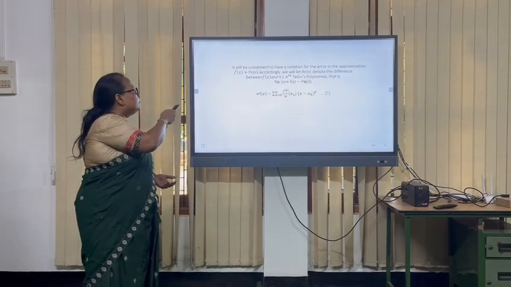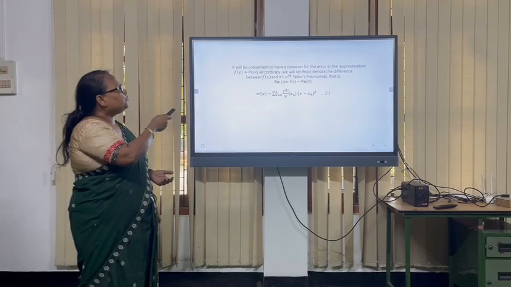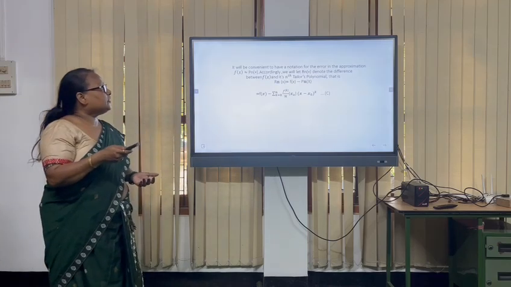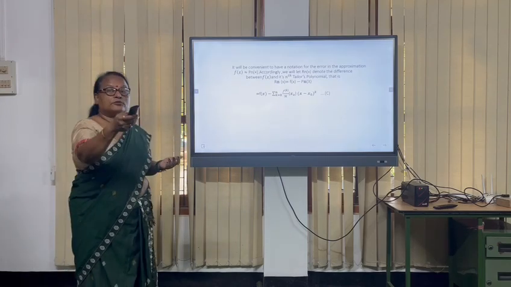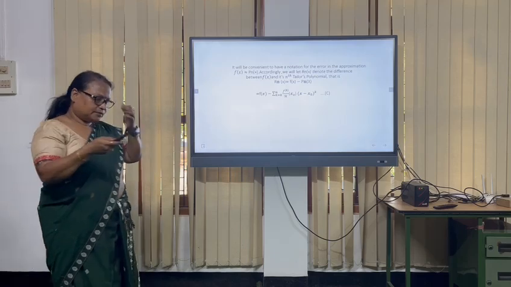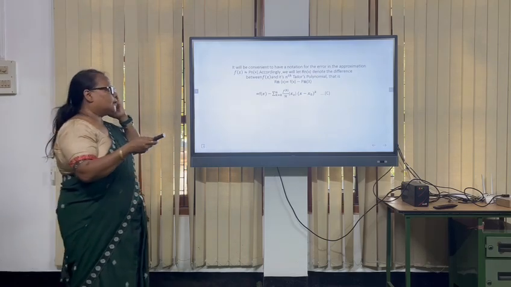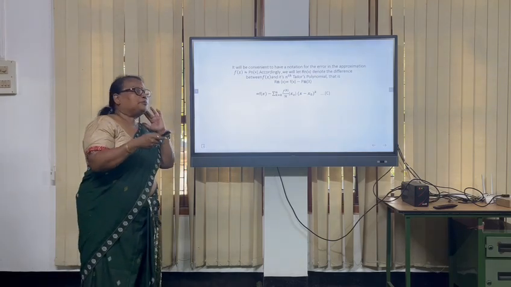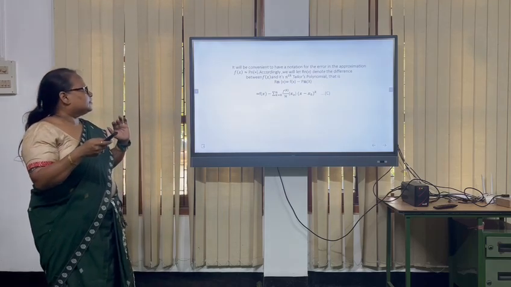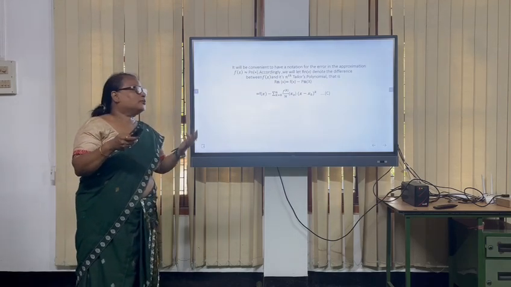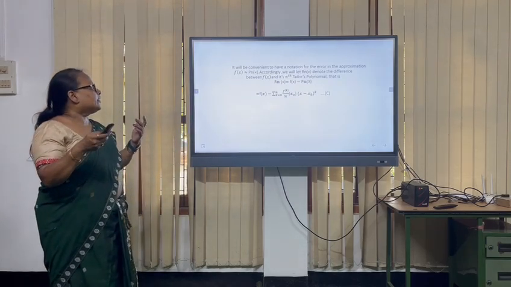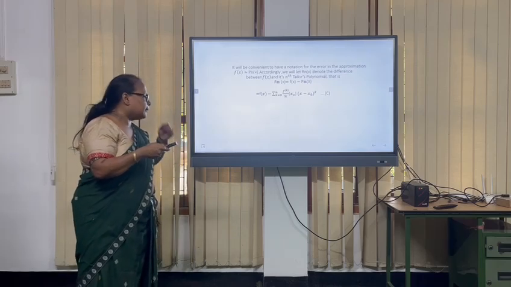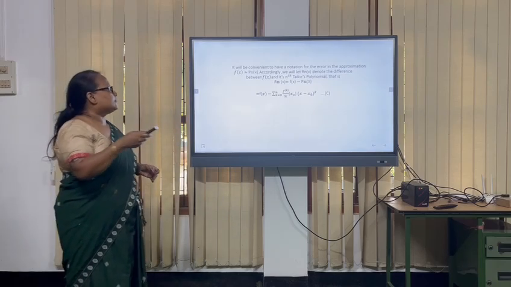After that, it will be convenient to have a notation for the error in the approximation of the function f. Approximately that function is supposed to be P n of x, the nth Taylor polynomial of the function about x.